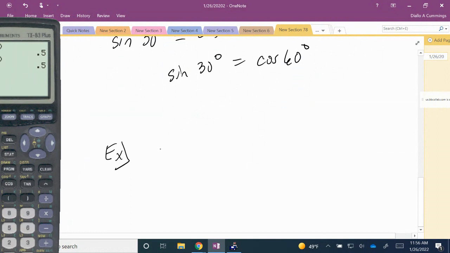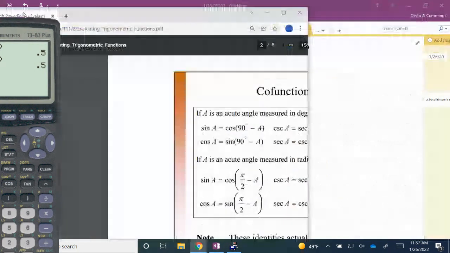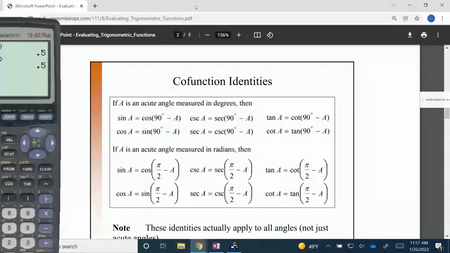Let's find a cofunction for the secant of pi over 6. All right, so I'm going to refer back to my formula sheet. The formula sheet says that the secant, and notice since we're using radian measure, I'm using this second set of formulas.